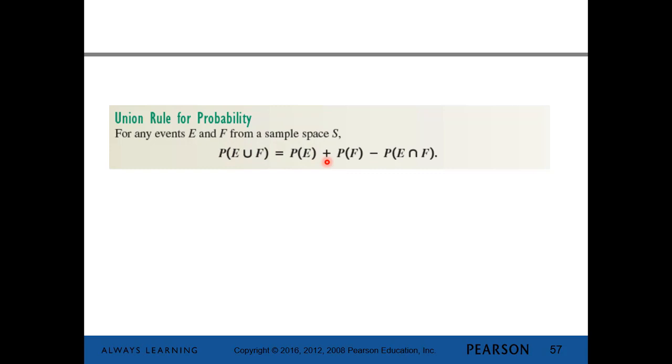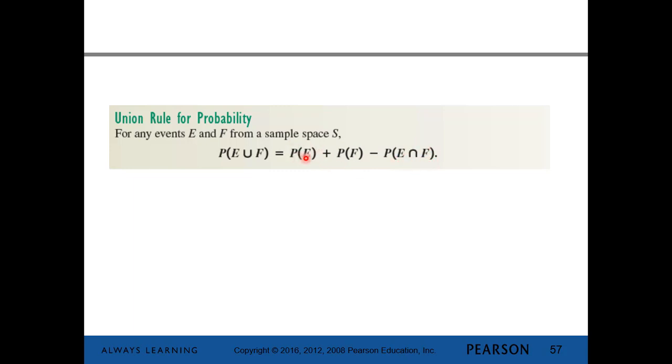What you do is very similar to what we did when we were adding the numbers of objects in a particular set. We take the probability of E plus the probability of F minus the probability of both E and F occurring.